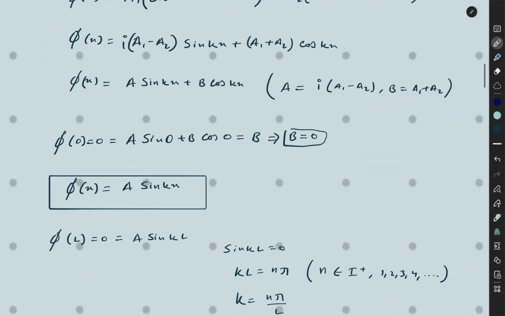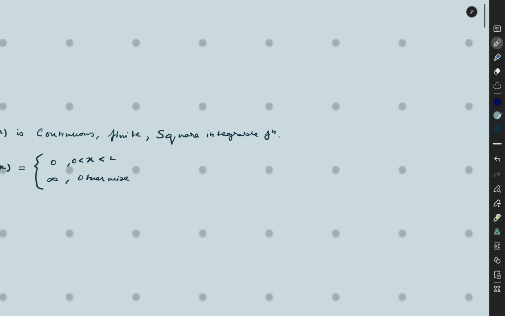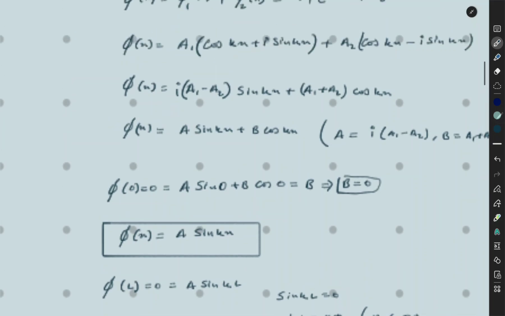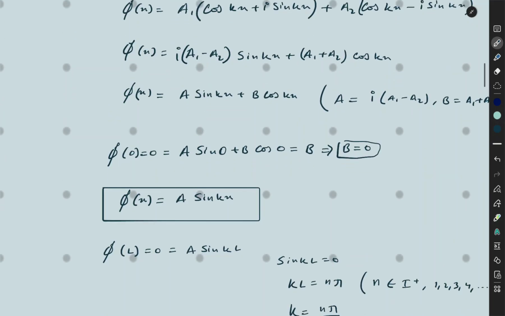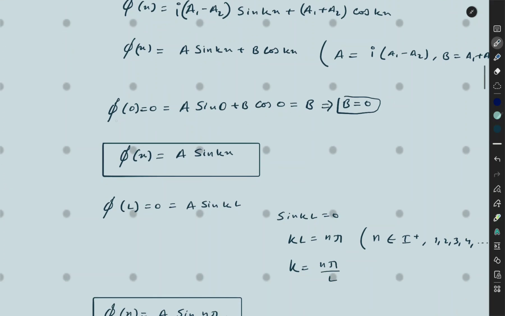And if we consider the boundary condition, that the wave function cannot be discontinuous, the limiting value from both the sides should be equal. So if the limiting value from the right side of phi is 0, then from inside also it should be equal to 0. Therefore phi of 0 is equal to 0, and we are getting B equal to 0.